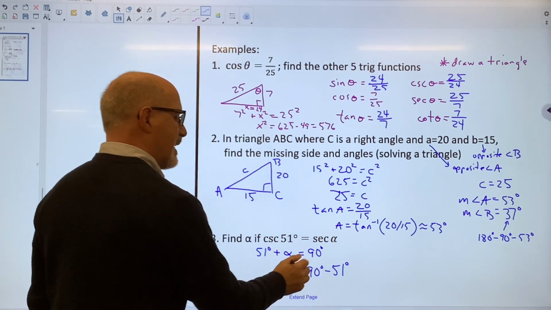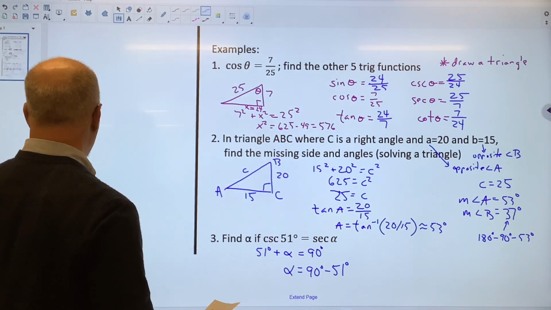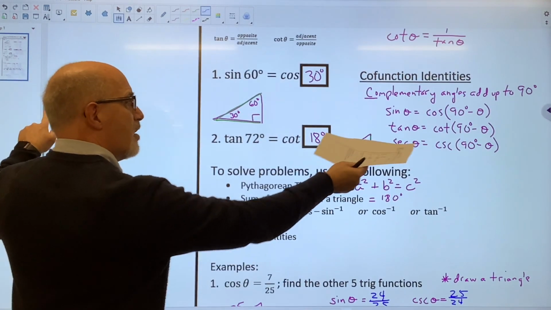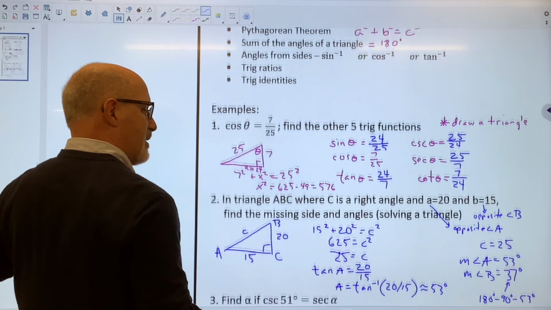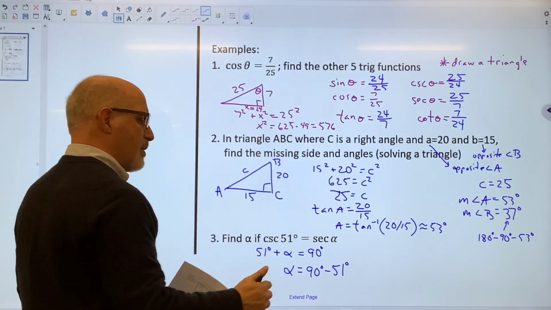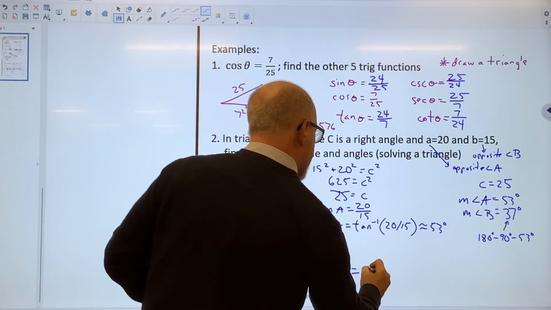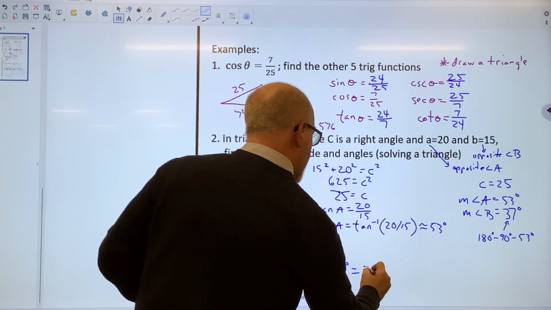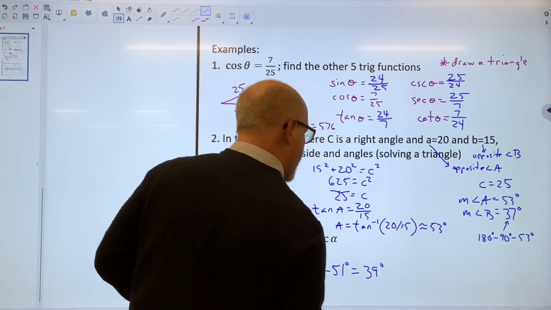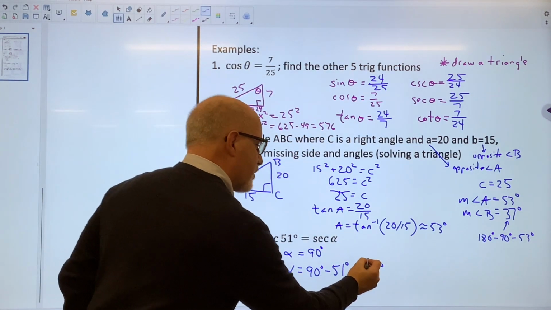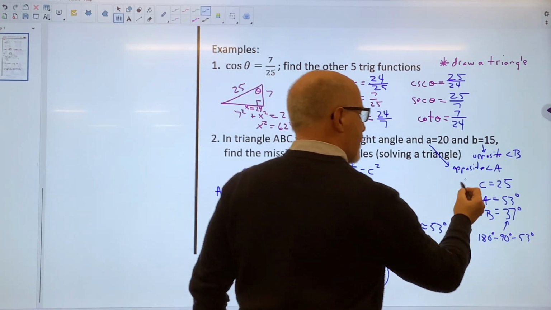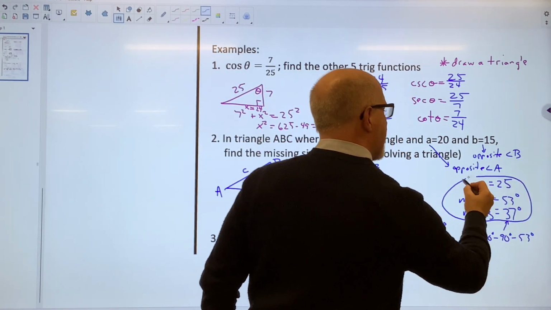So this is that identity we used right here, where if you take 90 minus it, you get that value. So 90 minus 51 degrees is going to be equal to 39 degrees. All right, and I'll circle that. We'll circle these as our answers to this problem.